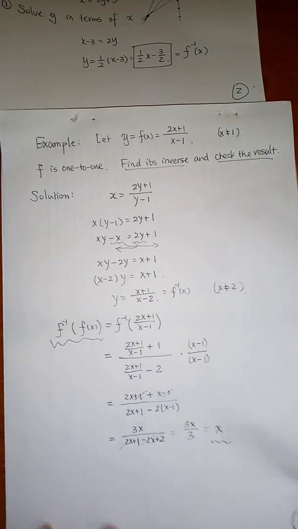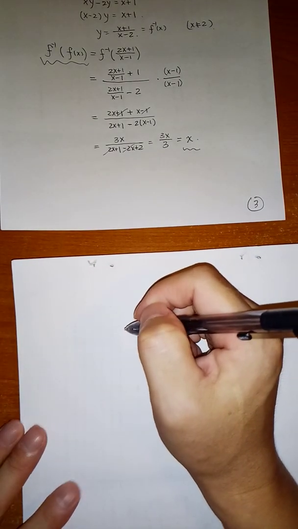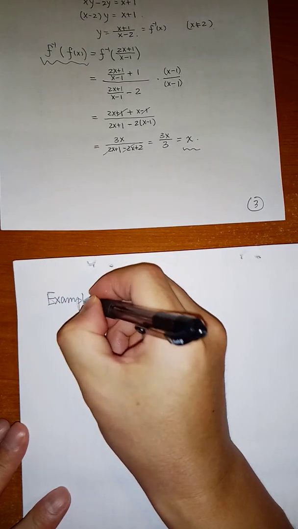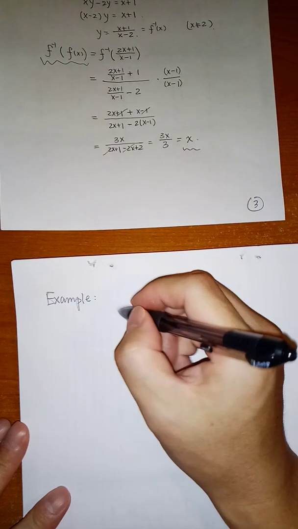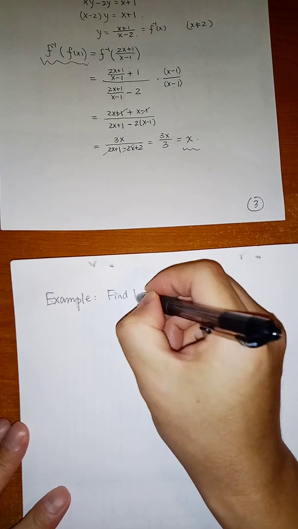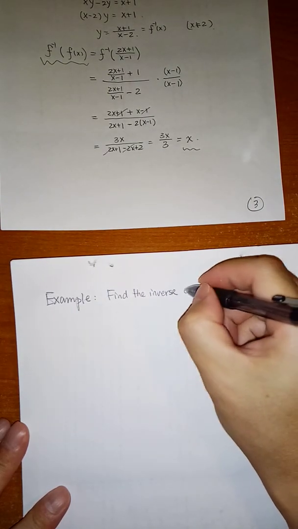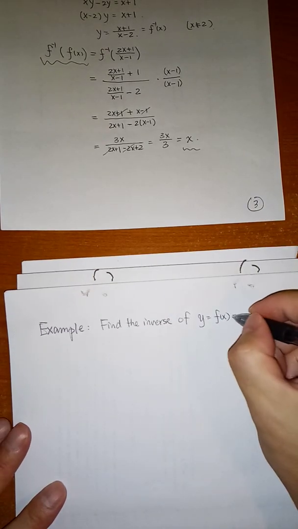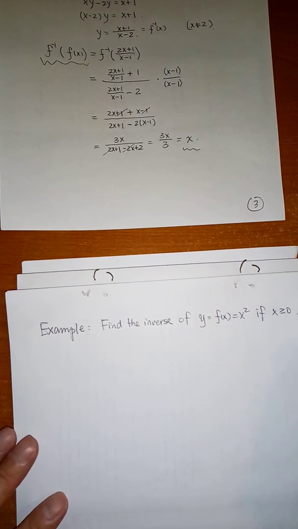Okay. Let's see another example. Find the inverse of y equal to f(x) equal to x squared, if x is greater than or equal to 0.